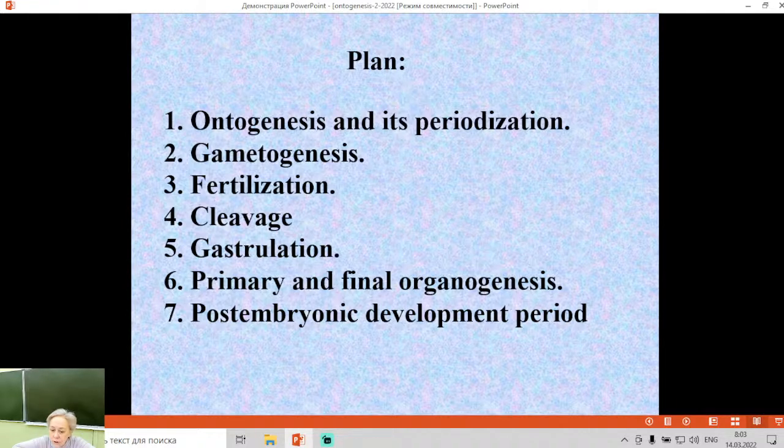Next, fertilization, cleavage, gastrulation, primary and final organogenesis, and post-embryonic development period. This lecture will last 2 lectures. Today we consider ontogenesis, gametogenesis, fertilization, and cleavage.